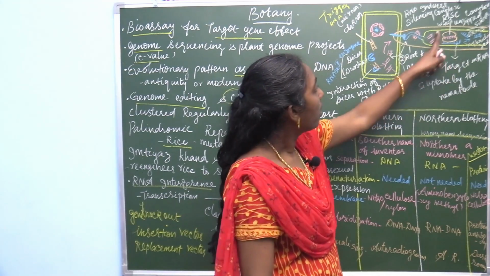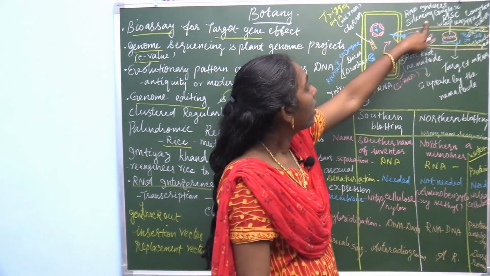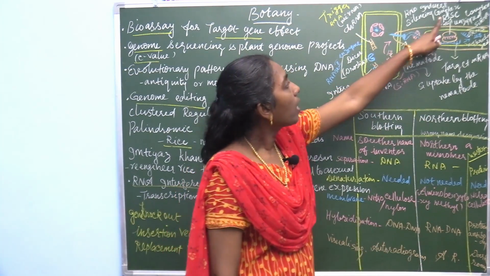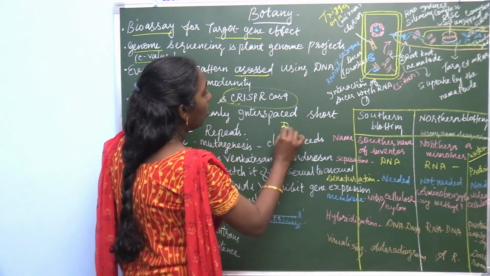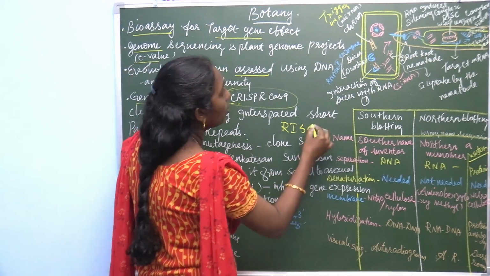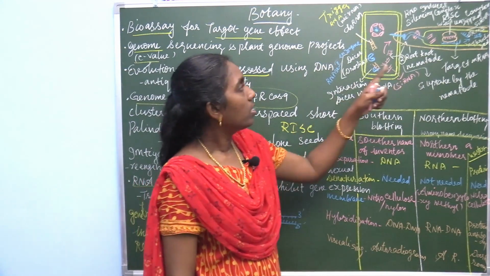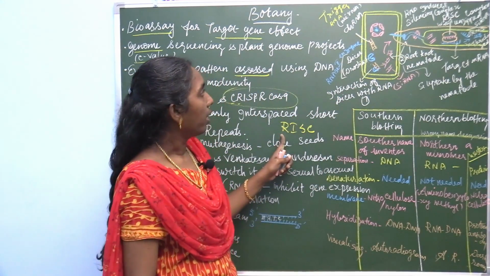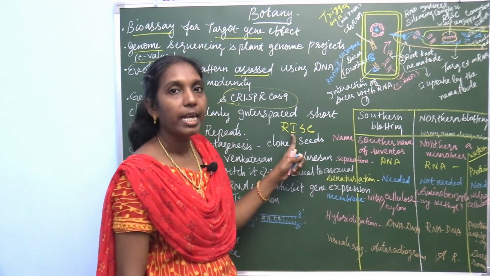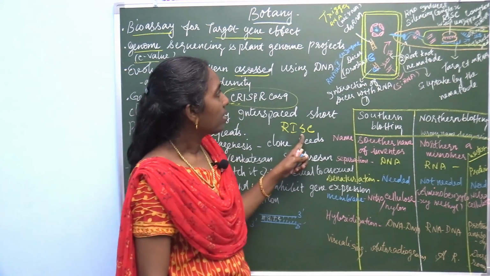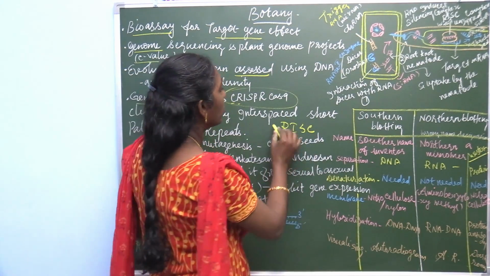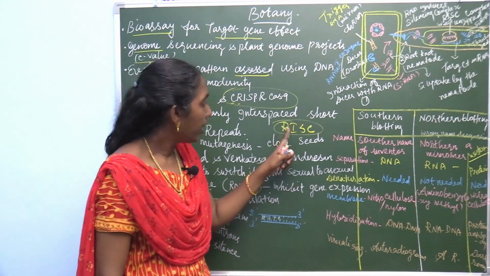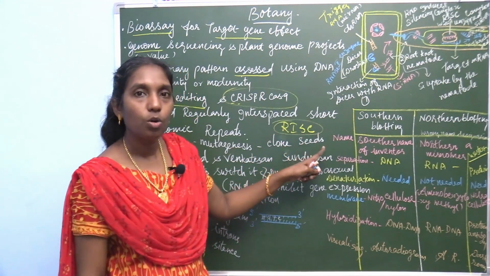In the siRNA, there is the RNA induced silencing complex, called RISC. R represents RNA, I induced, S silencing complex.